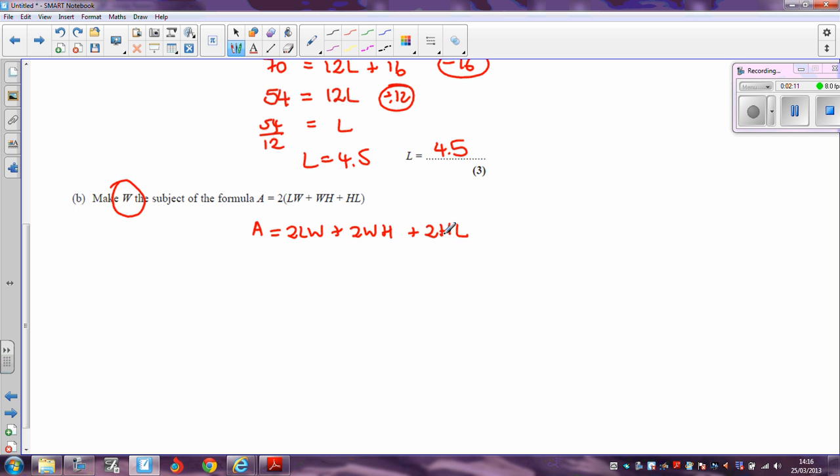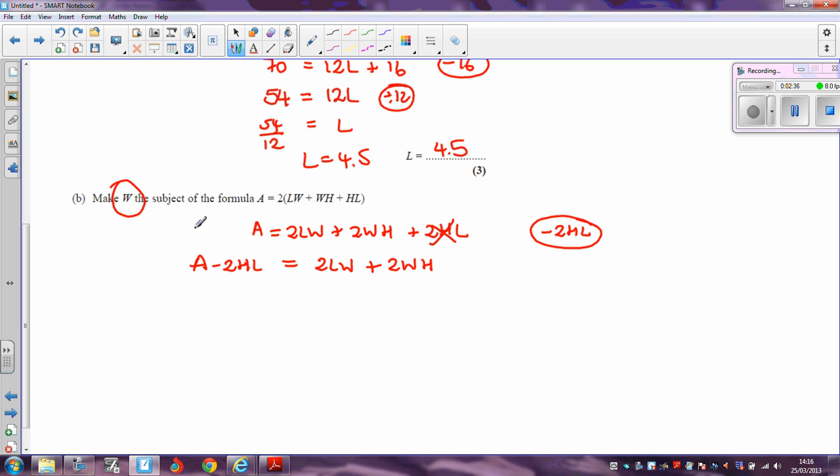So what I'm going to do is collect everything containing W on one side. So I'm going to get rid of the 2HL from the right hand side by subtracting it. So if I subtract 2HL from the left hand side, I've got that. And if I subtract 2HL from the right hand side, well that's now gone. So I've got 2LW plus 2WH.